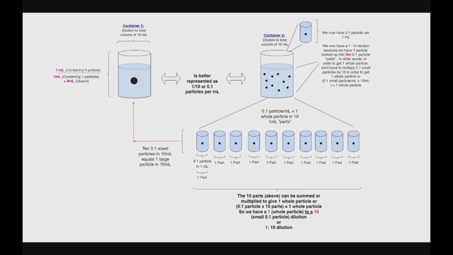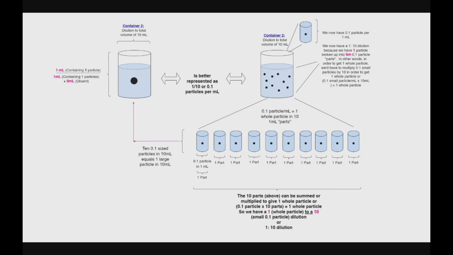So notice when you look to the right, in container 2 that one particle is broken up into 10 smaller particles, and instead of it being those smaller particles would be 0.1 milliliters.